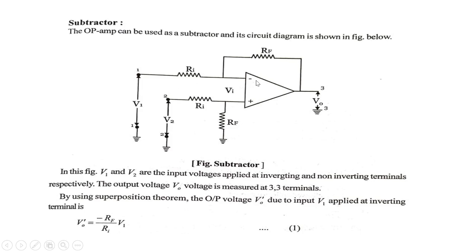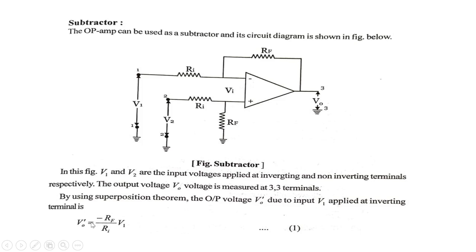V1 is applied at the inverting terminal, and V2 is applied to the non-inverting terminal. The output voltage V0 is measured at terminal 3 in the figure.